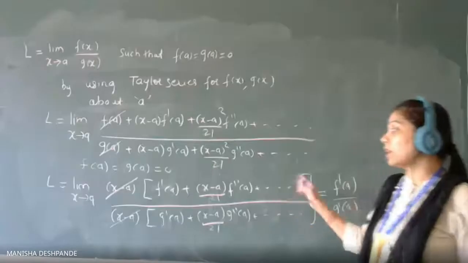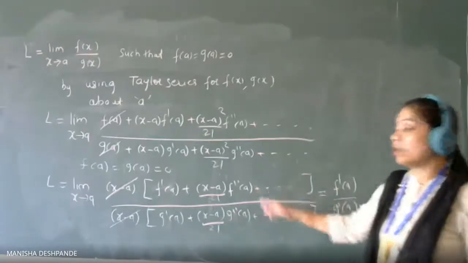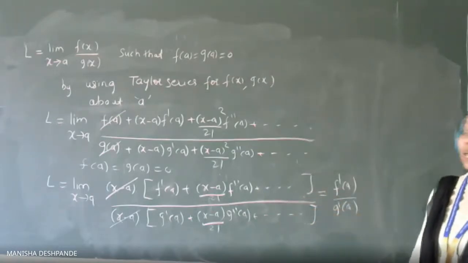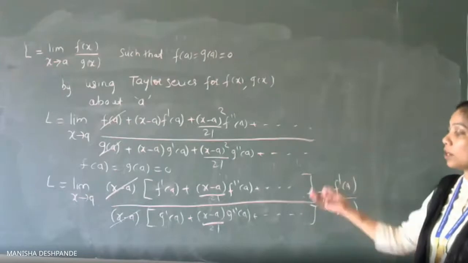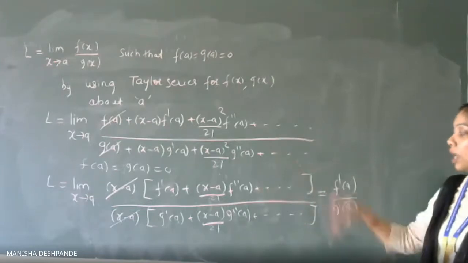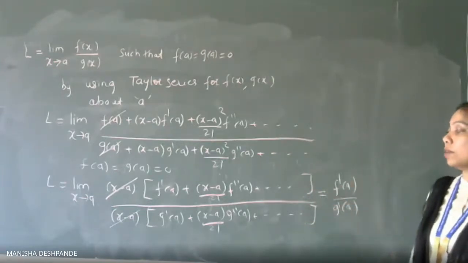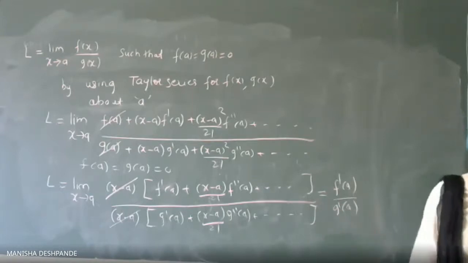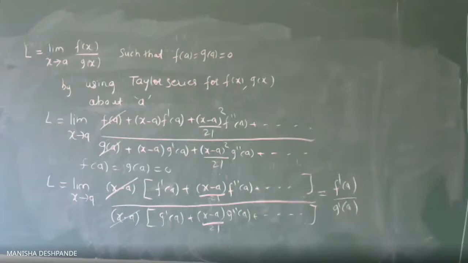So this way we will continue unless and until one of them is non-zero. If one of them is non-zero, we are going to stop there. If both of them become 0, still we will continue. I can take x minus a common and they will get cancelled and we will get f double dash upon g double dash, triple dash upon triple dash and so on. That's the proof. So if you want, you can write it down. This is the Hospital rule proof.